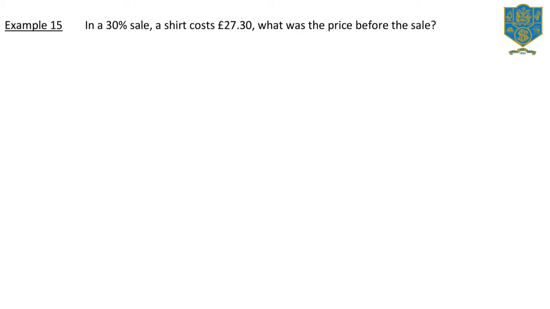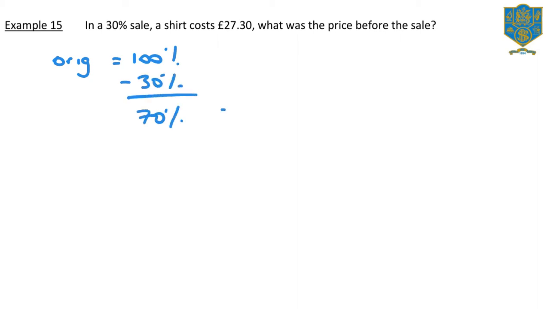Example 15, a 30% sale. So in a 30% sale, 30% has been taken off. So if the original is 100%, and we've taken away 30%, then we've got 70%. And that 70% is going to be equivalent to £27.30. So we can work out 1% by dividing by 70.